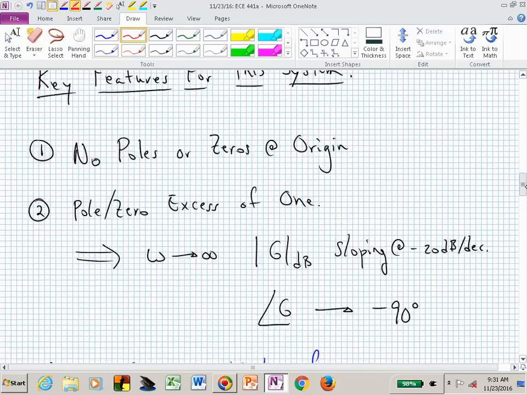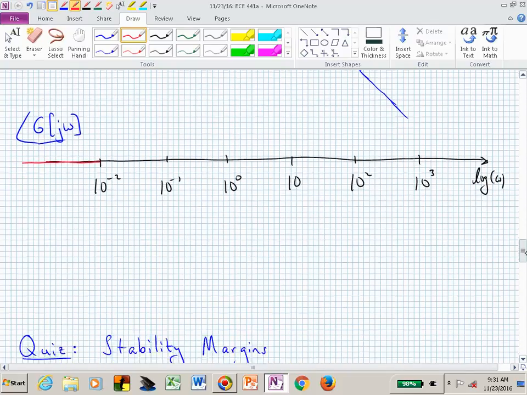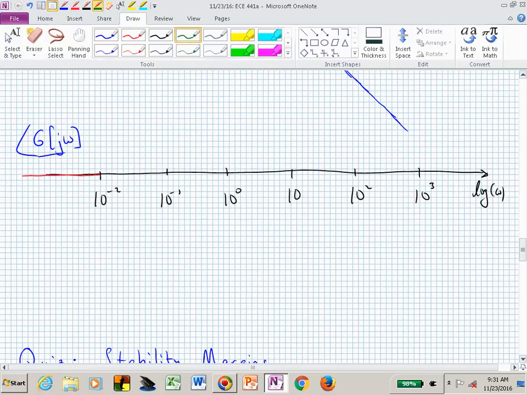Meaning, we are approximating that to say that this is minus 90 degrees, and this is plus 90. I'm centered over the actual pole location, but I now have to distribute that change over 2 decades.